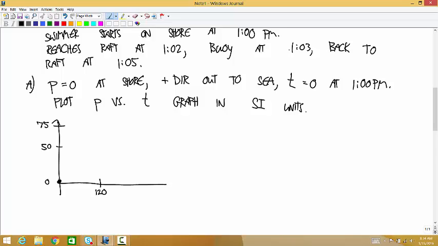At time equals 0, 1 o'clock, he starts at the position 0. After 2 minutes, he's at position 50. After 1 more minute, so that's at 180 seconds, he's at 75. And then it takes 2 minutes to get back to the raft.